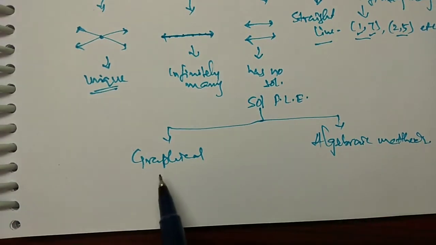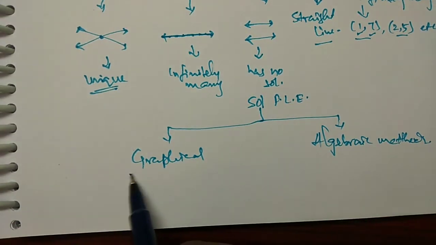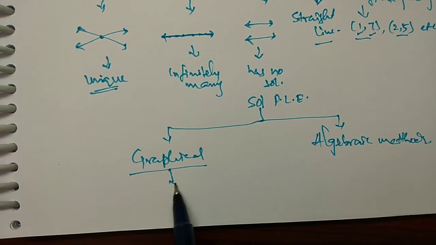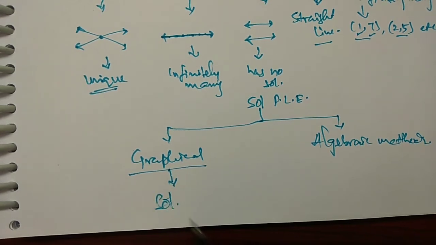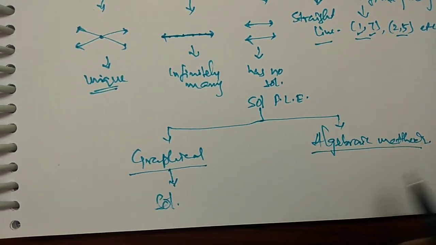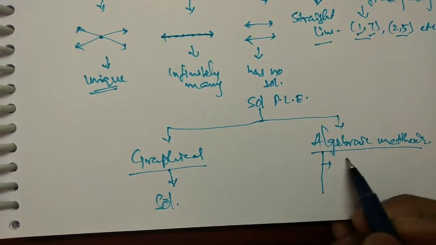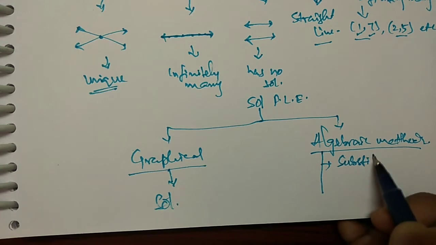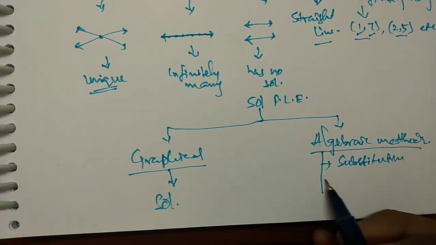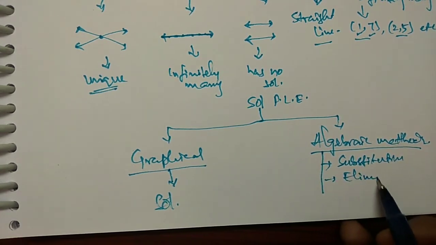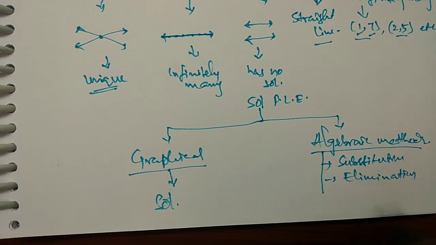In the graphical method, first we represent the graph of the given pair of linear equations, then we find its solution. In algebraic methods, we have three methods. The first one is the substitution method, the next one is the elimination method, and the last one is the cross multiplication method.